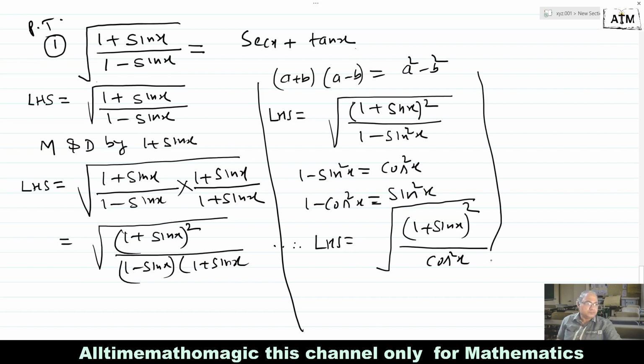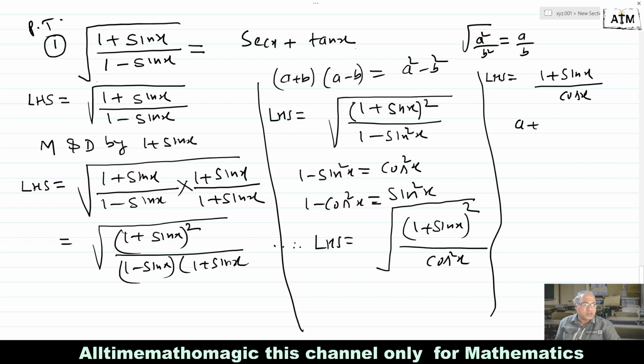So LHS equals, now taking the root, a square upon b square gives a upon b. Therefore LHS becomes 1 plus sin x upon cos x. Now splitting into fractions, if (a plus b) upon c is there, we can write it as a upon c plus b upon c.